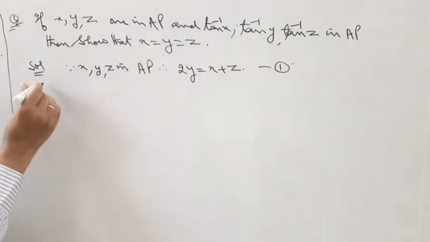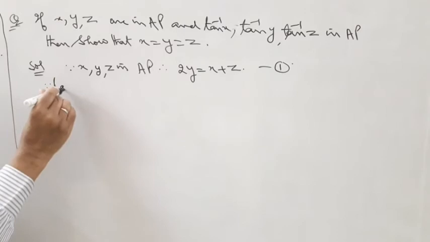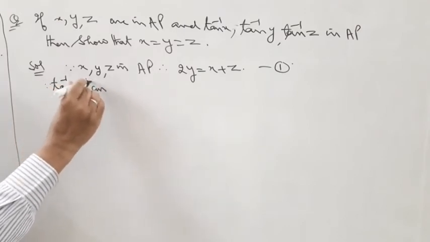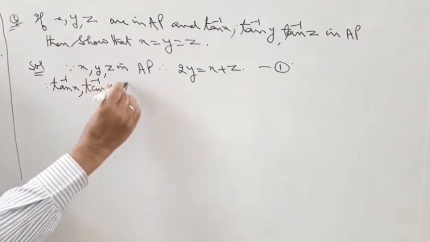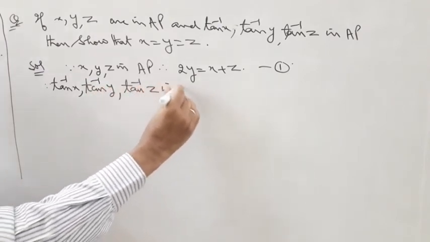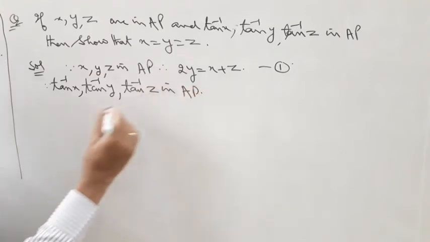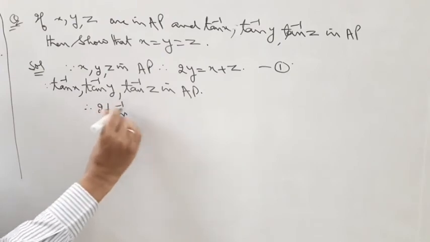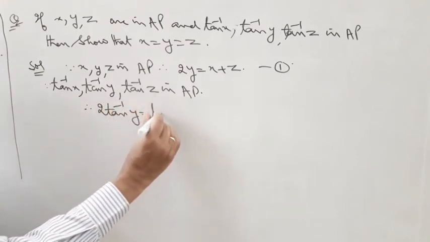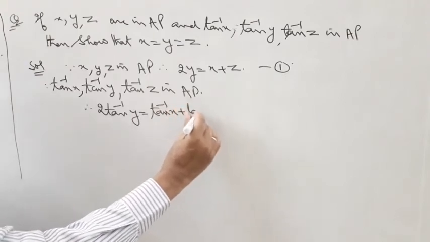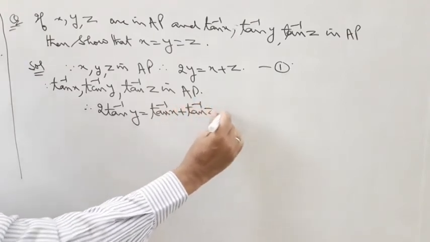Again, because tan inverse of x, tan inverse of y, tan inverse of z are in AP, therefore 2 tan inverse of y is tan inverse of x plus tan inverse of z.